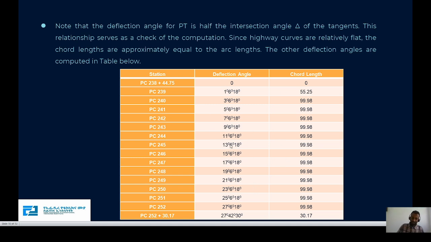The calculation parts will be in table form. The point of curvature is 239 plus 44 plus 75, with deflection 0 and chord length.